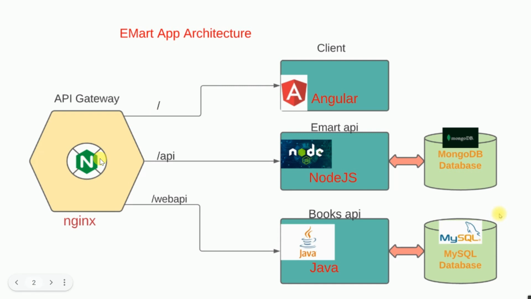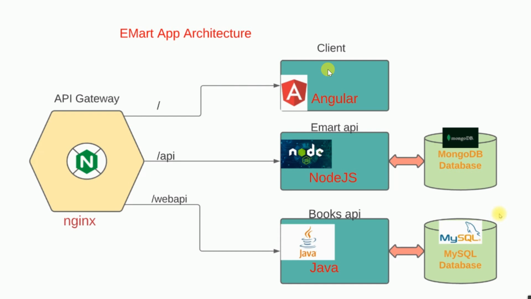Basically when we browse any URL, it requires a web engine. As the web engine or API gateway, we use nginx, one of the powerful web tools, in the current scenario.